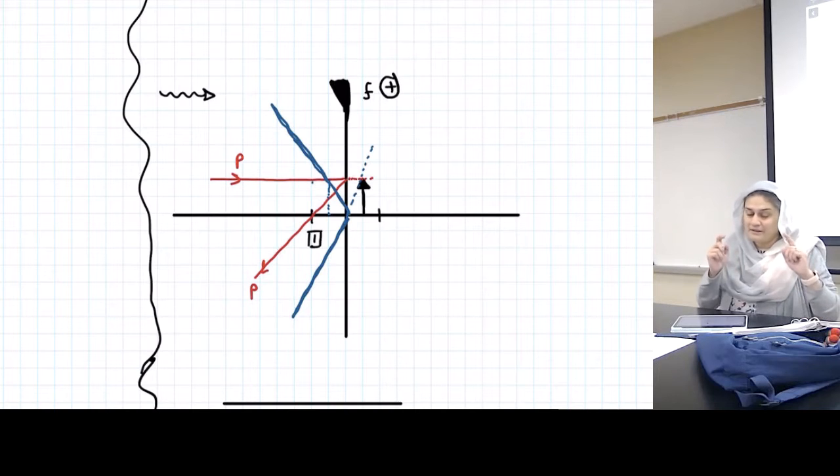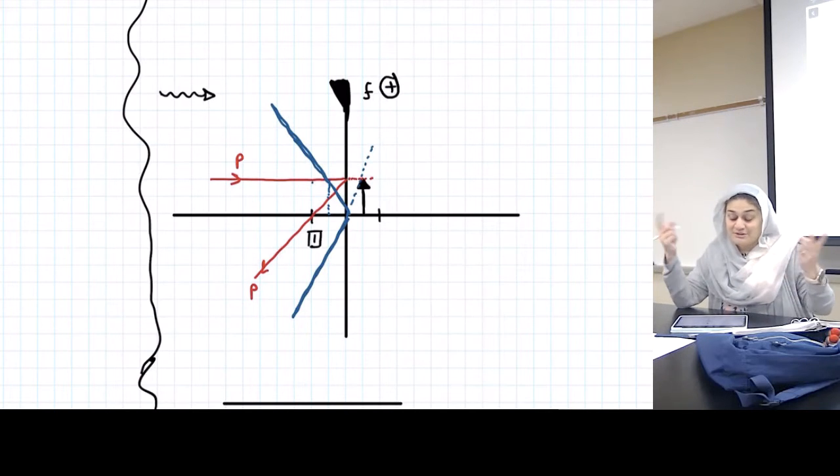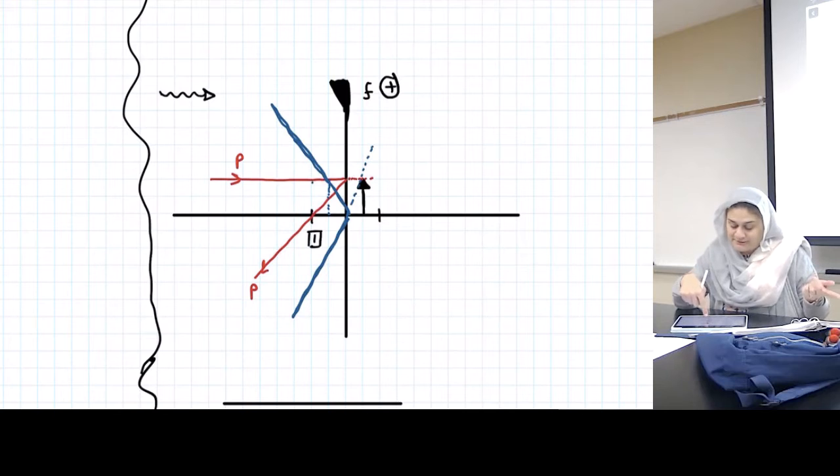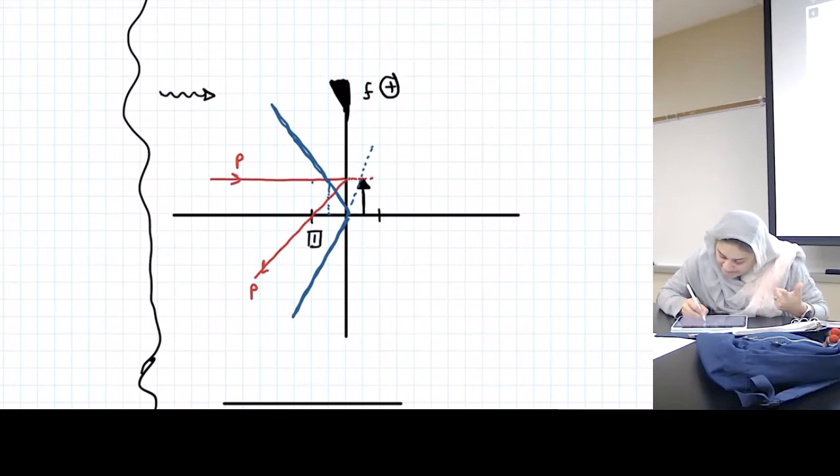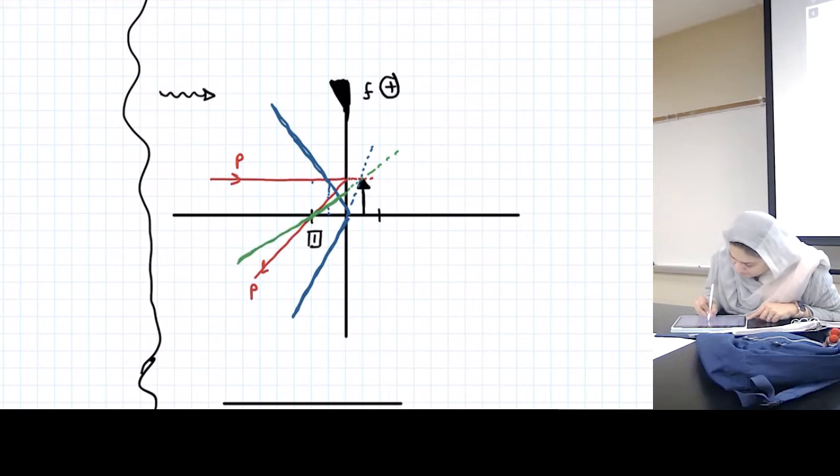And my focal ray will use the same focal point 1. It has to go through 1 and hit the top. And since this is a mirror, it actually won't go there. So it'll go something like this, and then it has to become parallel, going out that way.